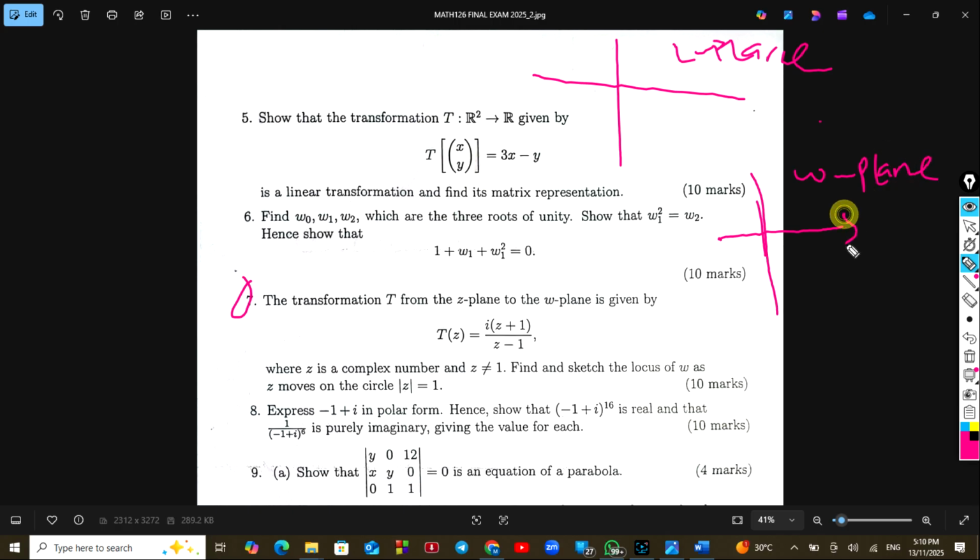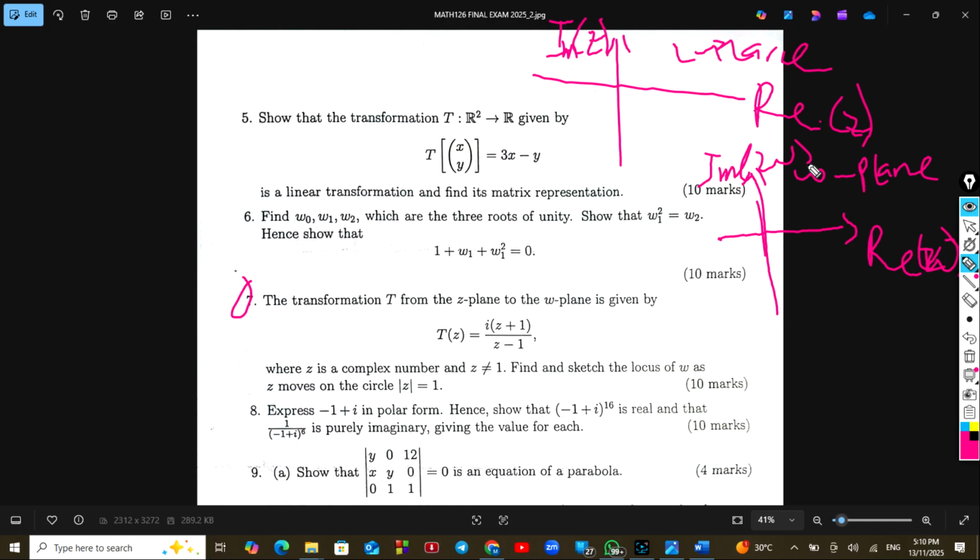So we have the real axis, the real part of Z and real part of W, and this is the imaginary axis, the imaginary part of Z and imaginary part of W. So this is how the transformation has occurred.